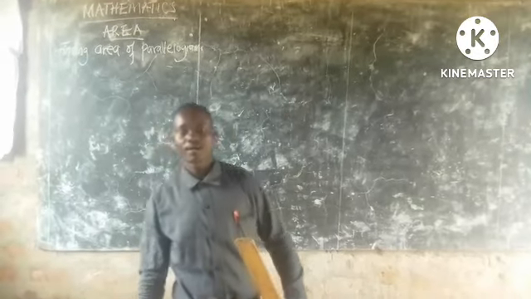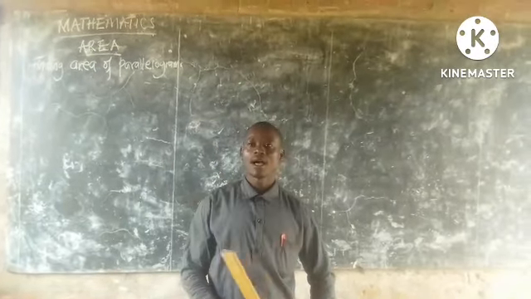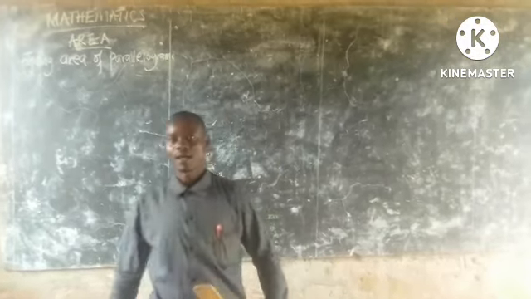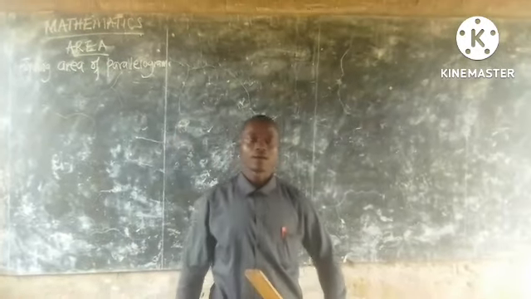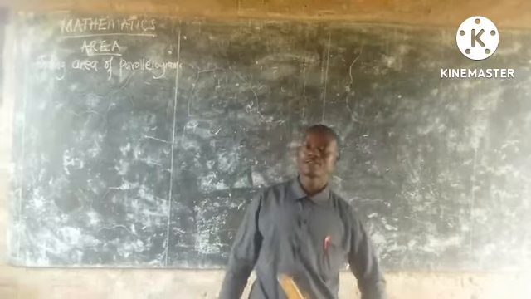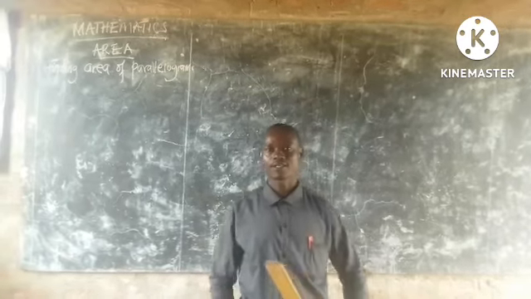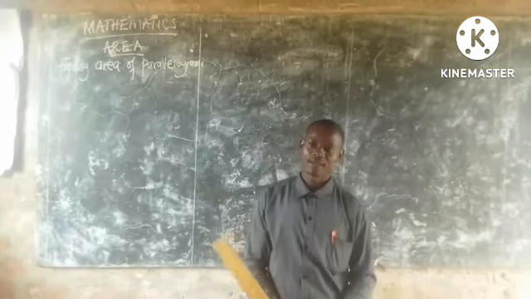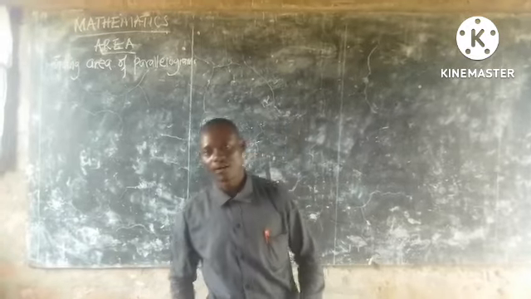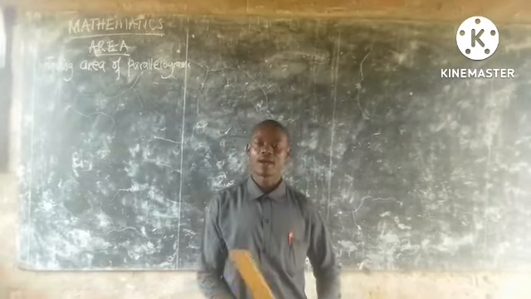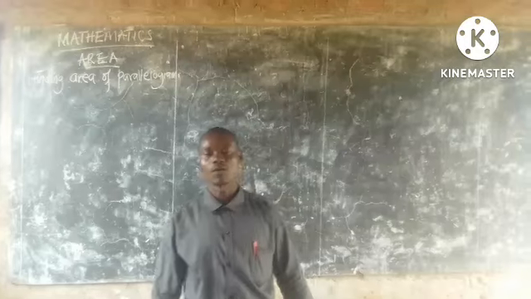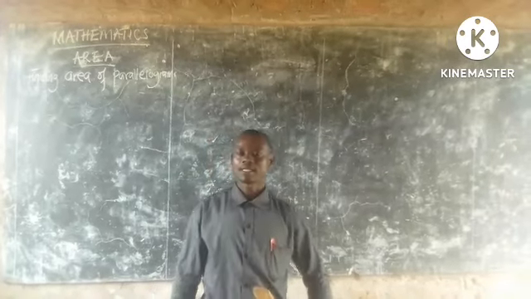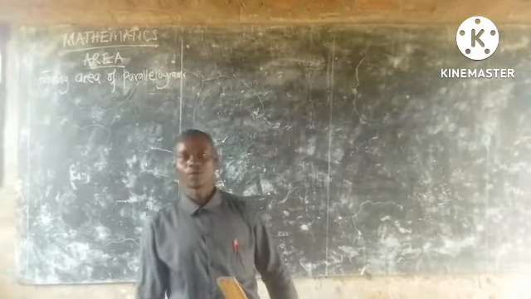So we are coming now for mathematics under our main topic that we had introduced, that is to say length, mass and capacity, and a subtopic area. Yesterday you had a look at how to find the area of a circle by teacher Solomon Santos Sodongo.